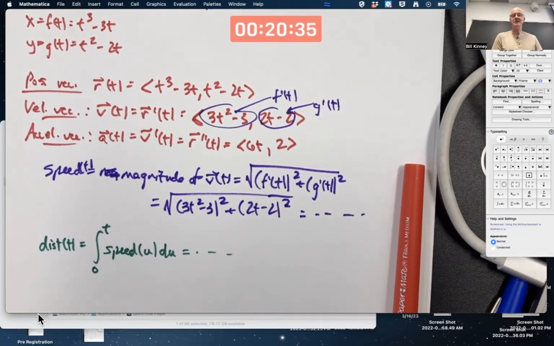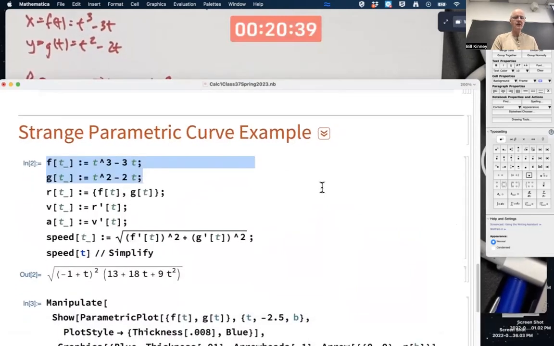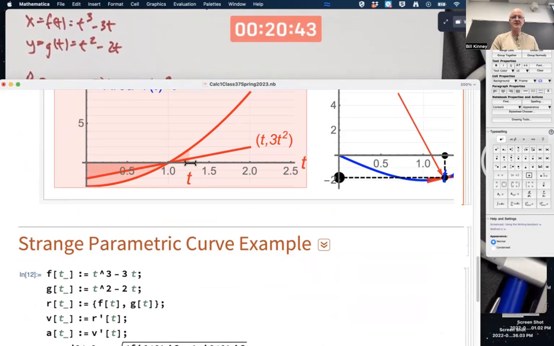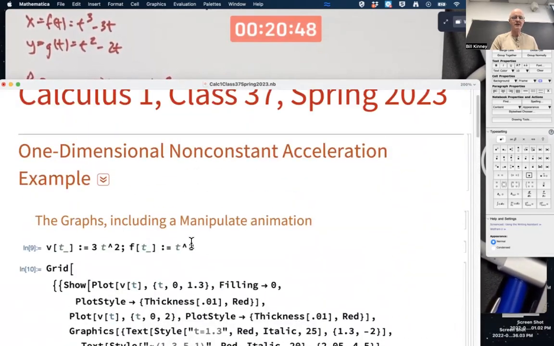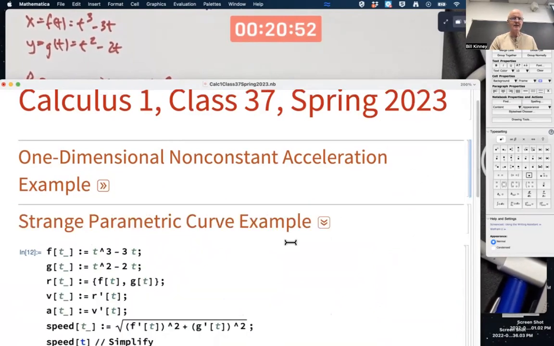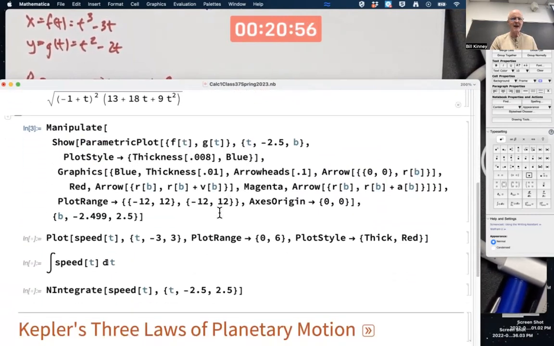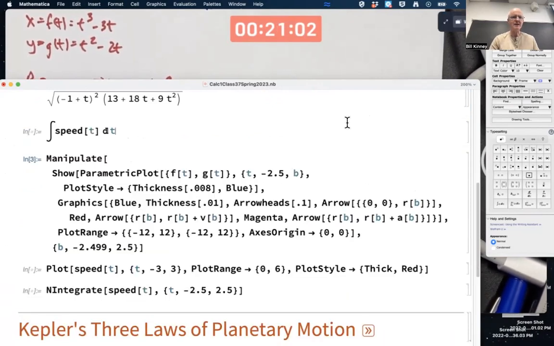Let's see if Mathematica can do it. What is the integral of the speed?